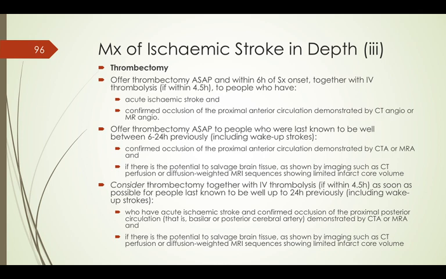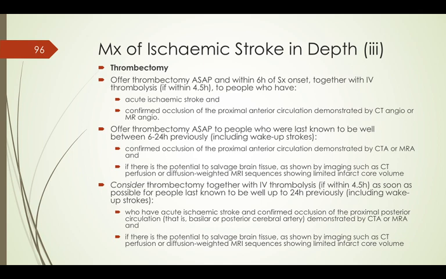You can also offer thrombectomy to those who are last known to be well between 6 to 24 hours previously, those who wake up with symptoms of a stroke, with confirmed blockage of the proximal anterior circulation, again demonstrated by angiogram, and you have the possibility of saving brain tissue, which is demonstrated by CT perfusion or MRI imaging.